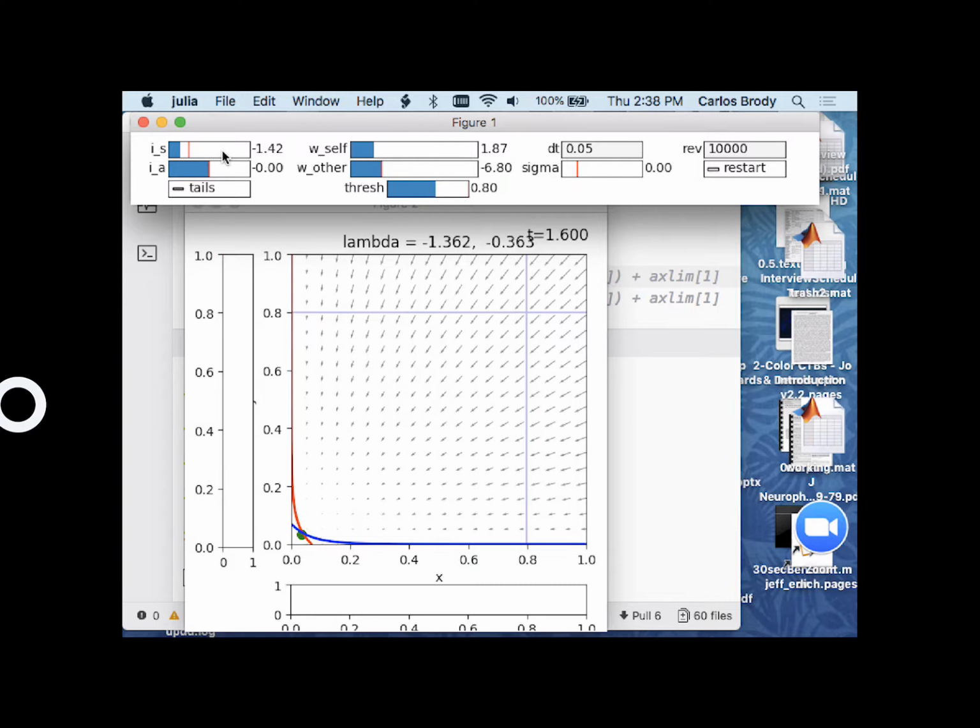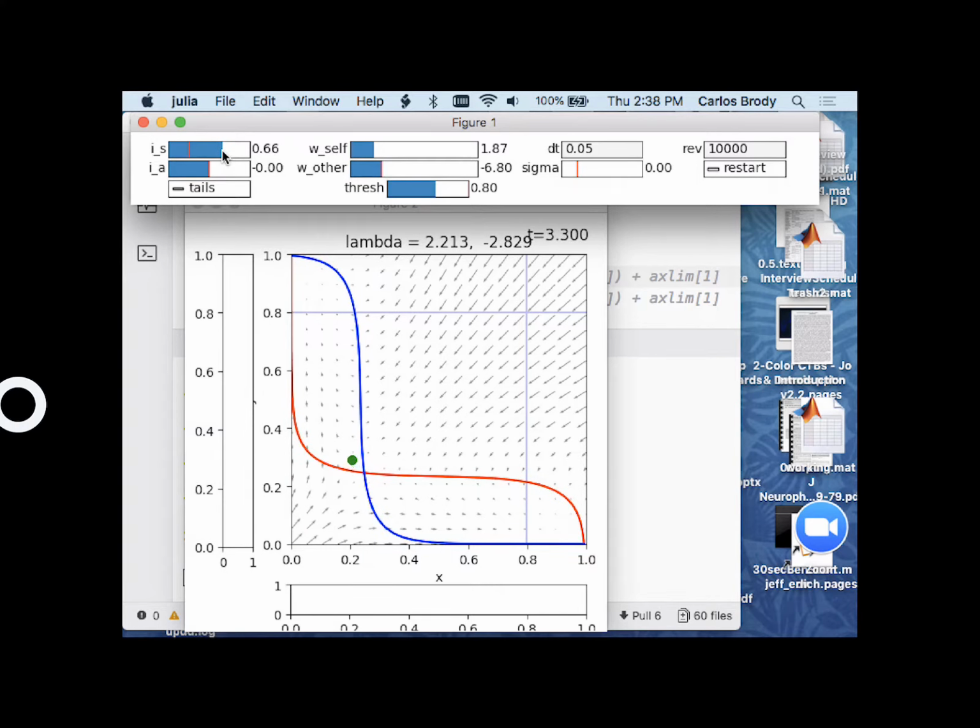And then you increase the excitation to go through a bifurcation. You're going to a bistable system. A bistable system is the basic kind of system where you want to end up in one of the two stable states. That's the basic kind of dynamics that you use for decision making.